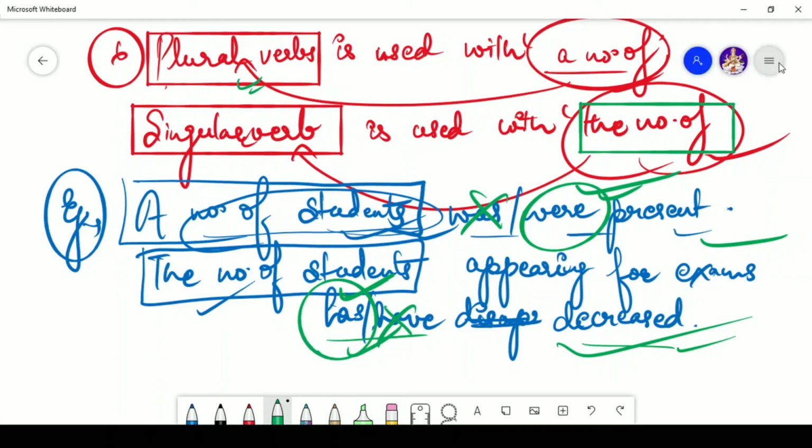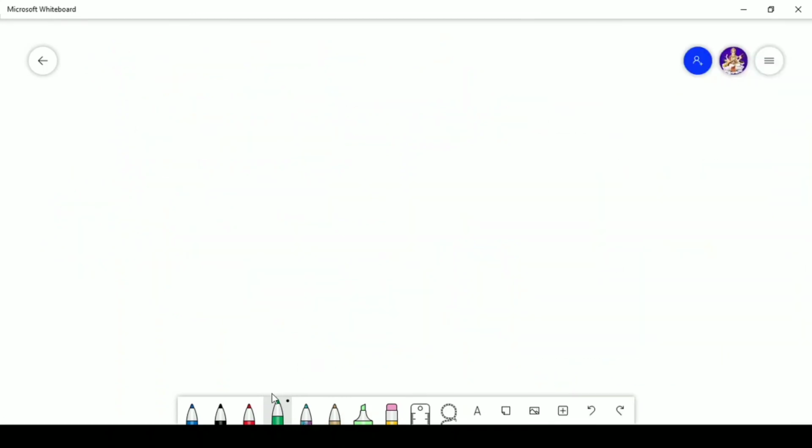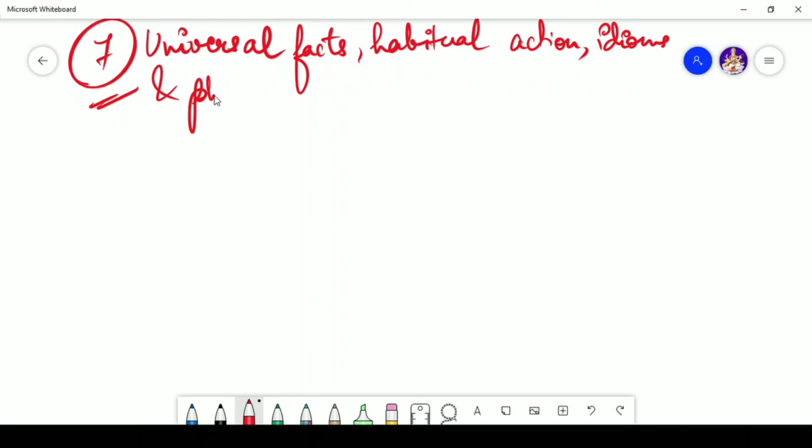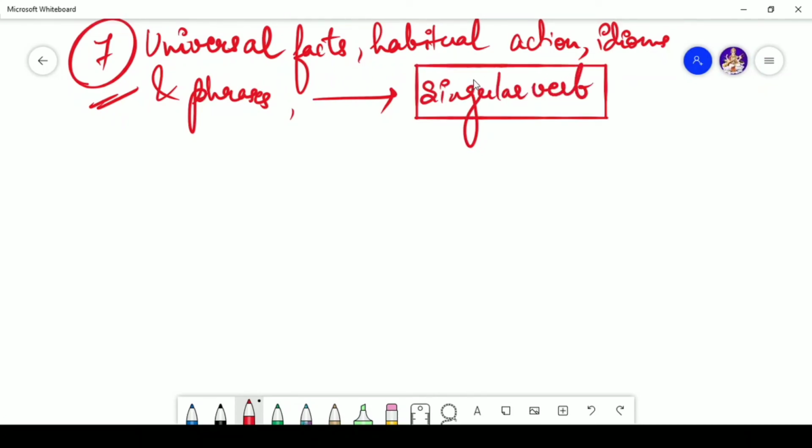Now let's talk about the seventh rule. Whenever you are dealing with universal facts, or let's say any habitual action, idioms and phrases, always use a singular verb.